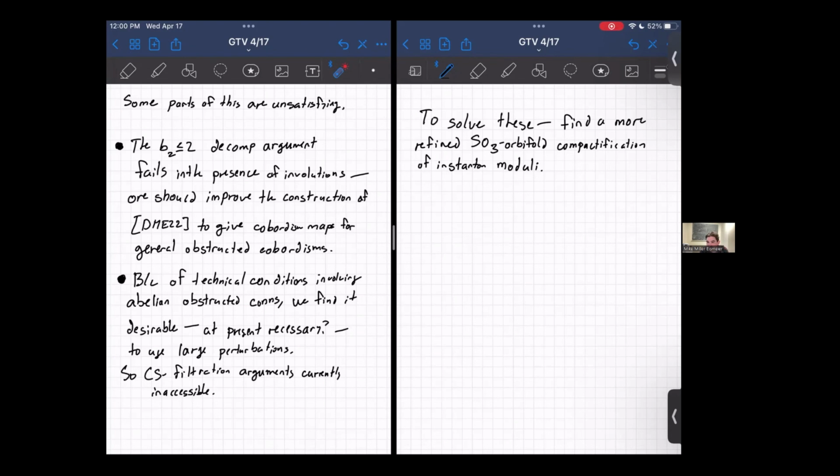Get a compactification so that this is almost an SO3 manifold. You shouldn't quite expect that, maybe an SO3 orbifold. But if you can find a better compactification and use it in all of these arguments, then maybe you don't need these kinds of tricks. Maybe you can just define the cobordism maps for general obstructed cobordisms.